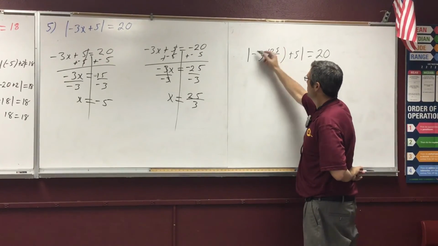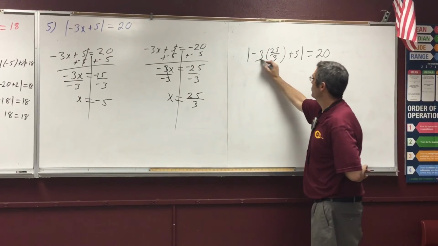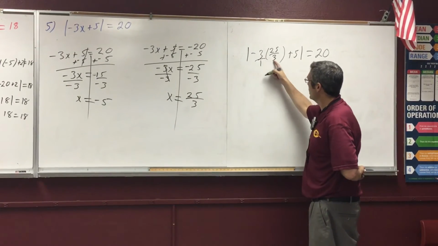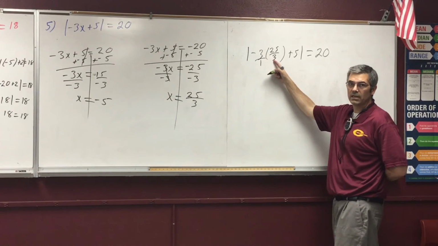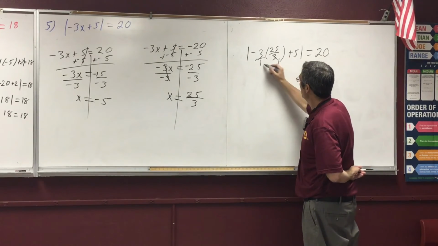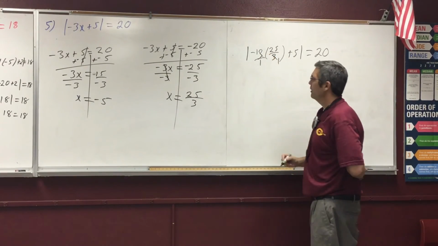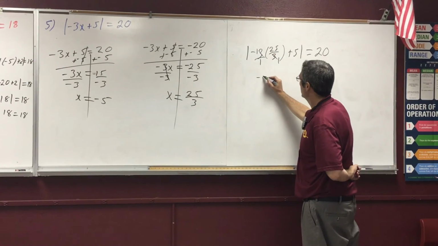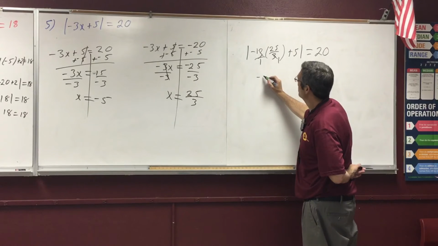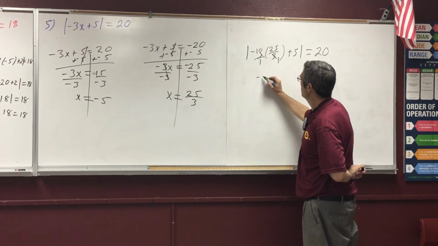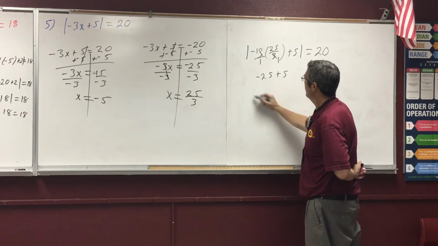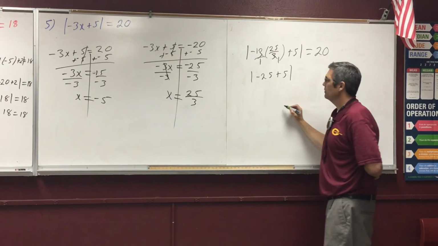So, multiplying, right? I've got to turn this into a fraction, -3 over 1, and then I can cross cancel right here. The 3 and the 3 cross out. This becomes 1, this becomes 1. So you've got -1 times -25 plus 5, the absolute value.